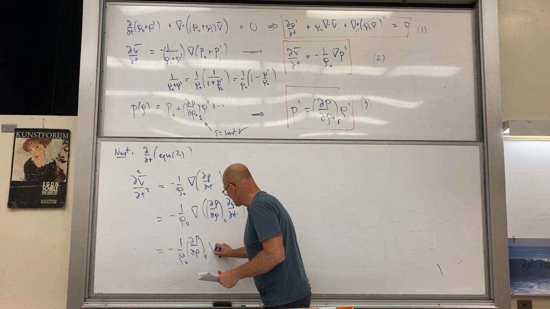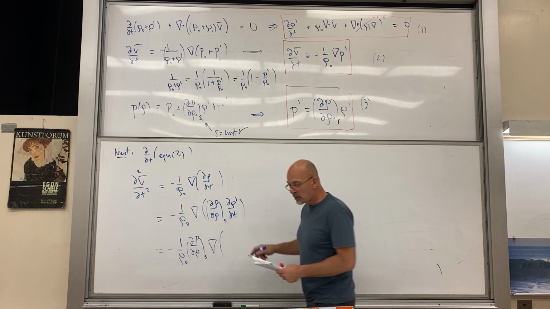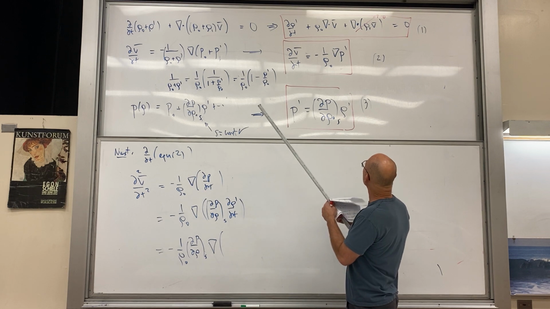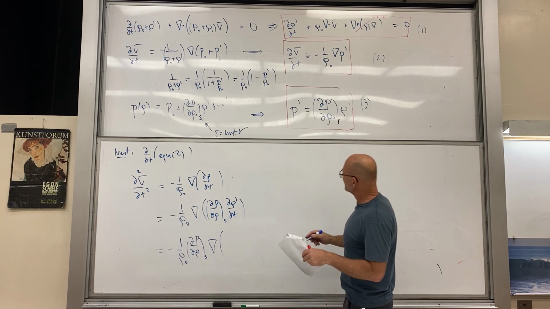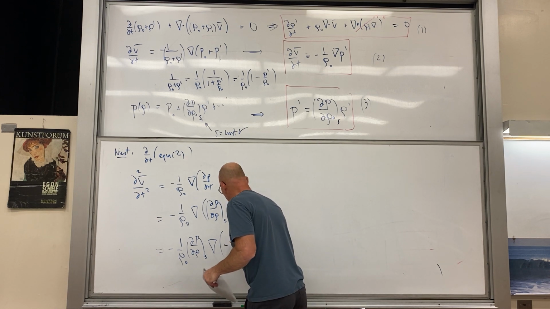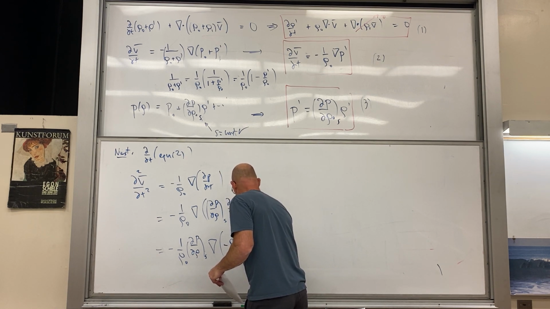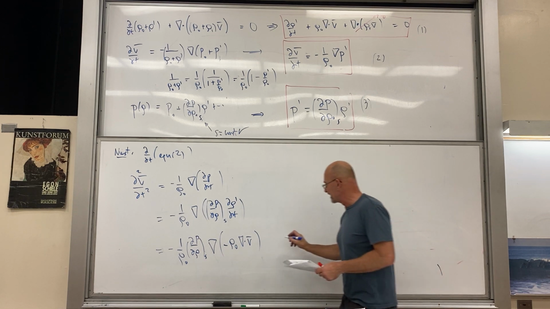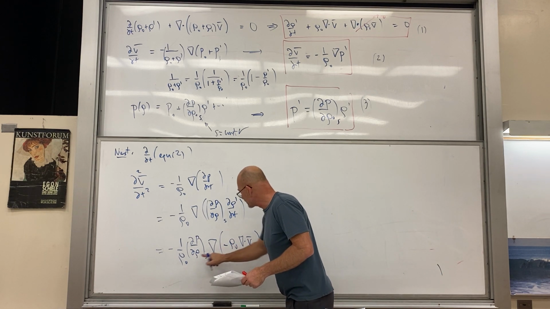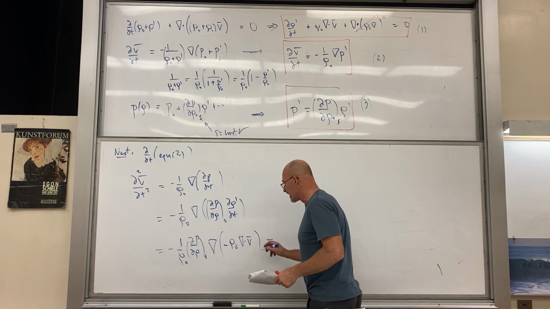And then I've got the gradient of d rho prime dt, and now I can plug that in there, minus rho naught divergence v. Here's where that identity is going to come into play. The rho naughts are going to cancel, minus times minus is plus.